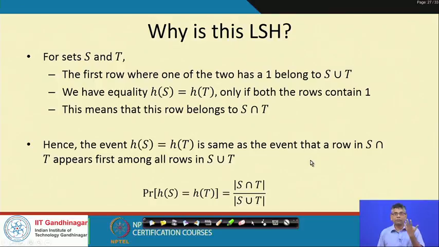So, the big question now, why is this locality sensitive hashing?